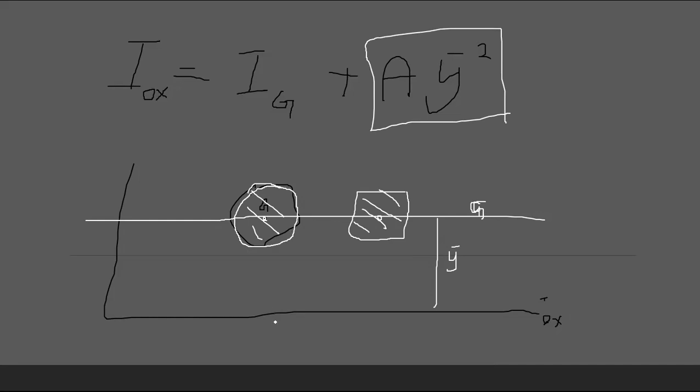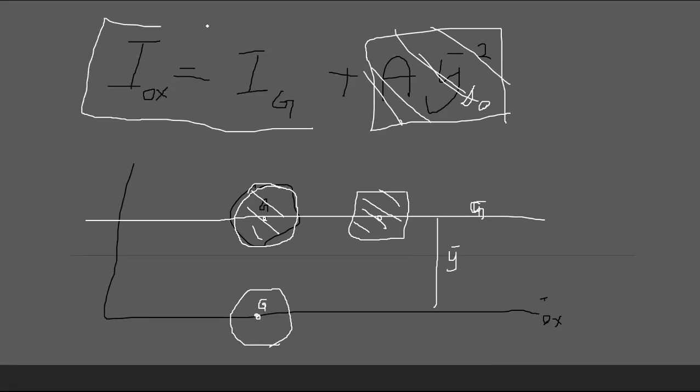If G is exactly here and it's going through the centroid, y bar becomes 0 and this part will vanish. That's why you can directly take the second moment of inertia about the centroid as the second moment of inertia about the OX axis, because this axis is now the centroid axis.